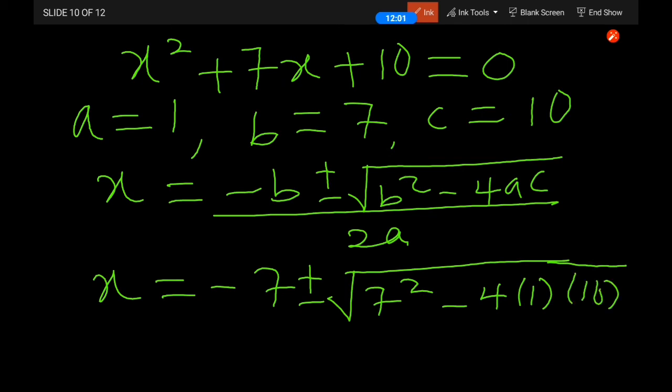So I will be having x equals minus 7 plus or minus, remember, over 2a. We should not forget over 2a here. Good. So anytime you are solving mathematics, you should always be going back to what you have done. So 2 times 1.